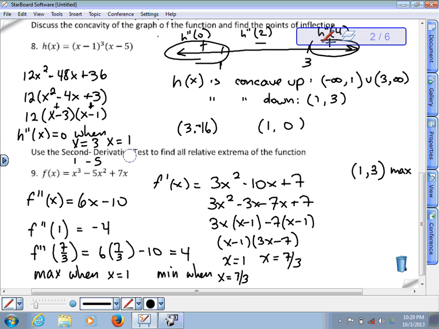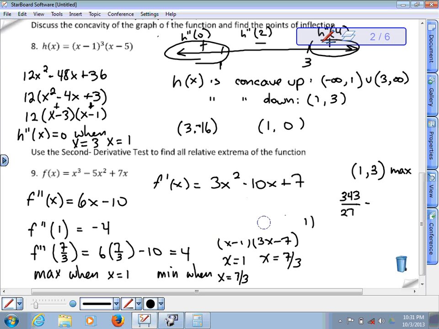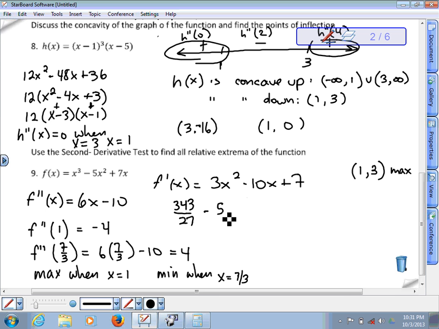Now if we plug in 7/3, so I plug 7/3 in for x, we're going to get 343 over 27, minus 5 times 7/3 squared, which is 49/9, plus 7 times 7/3.